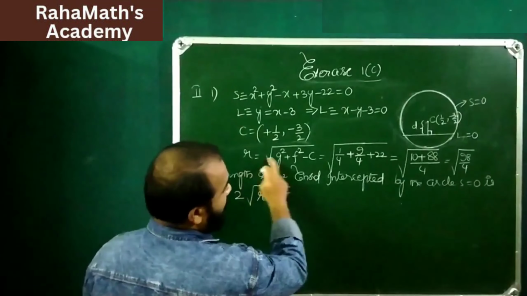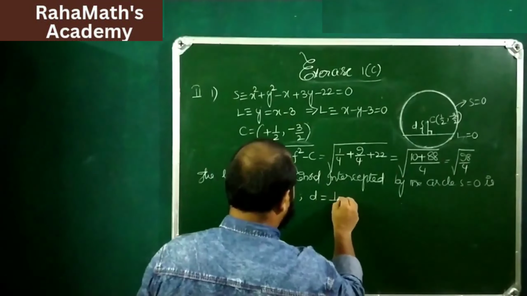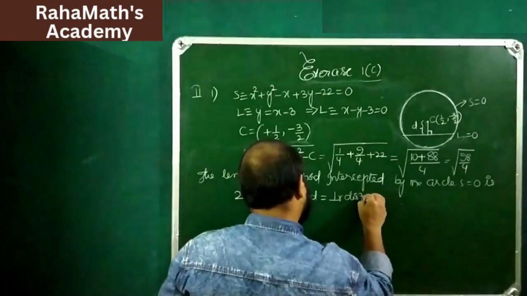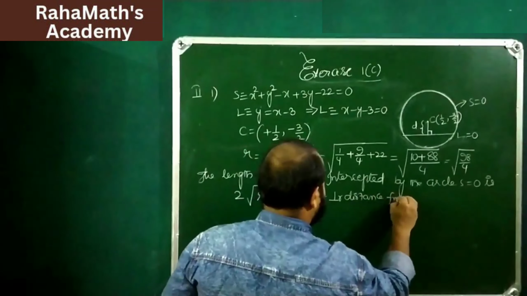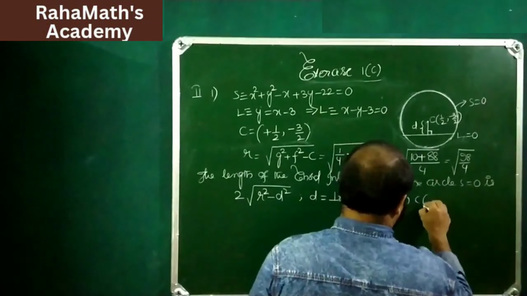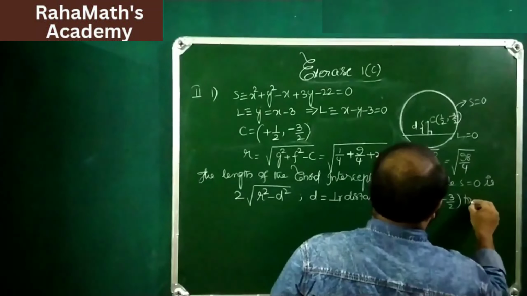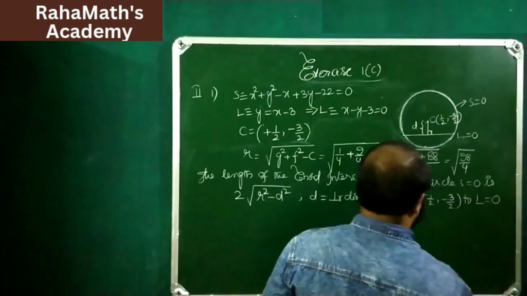So r is the radius and d is equal to what? The perpendicular distance from the center of the circle C (1 by 2, minus 3 by 2) to the line L equals 0.